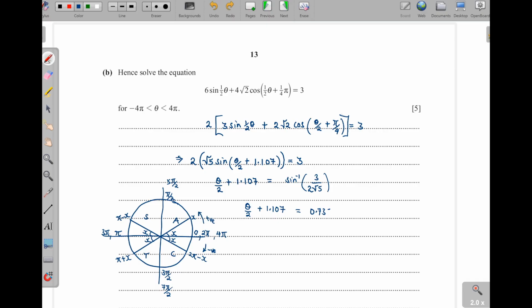Then the next one is going to be pi minus that answer, in the second quadrant where sine is again positive. You see that? That is the first pair.